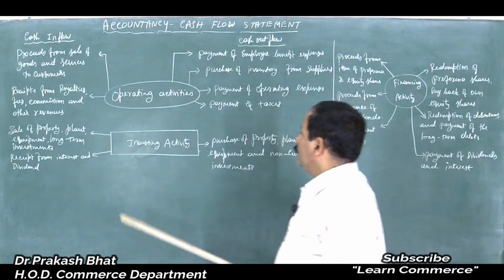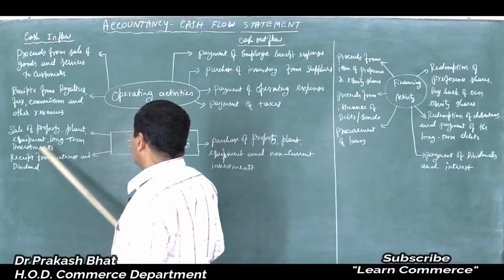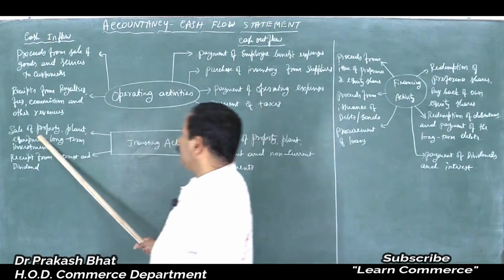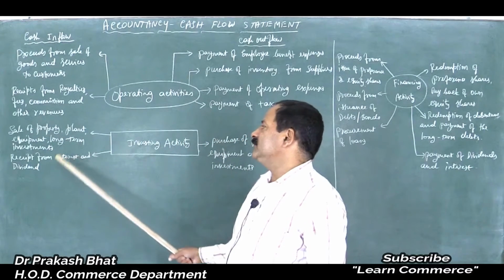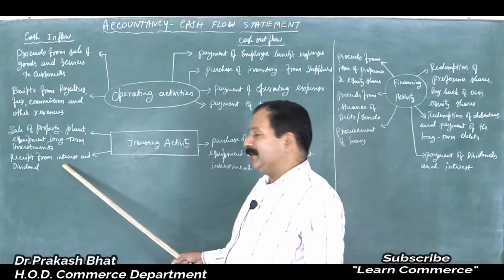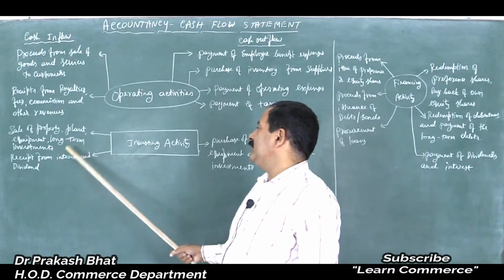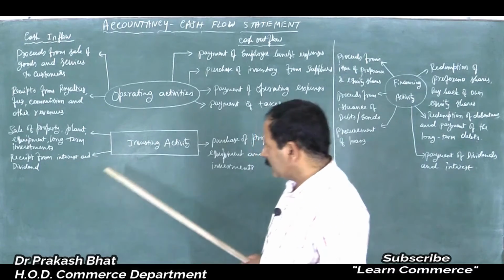Then moving on to investing activity: sale of property, plant, equipment and long-term investments, that is, the sale of these long-term assets and non-current investments comes under investing activity. Then receipt from interest and dividend.